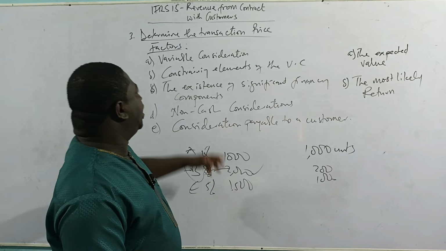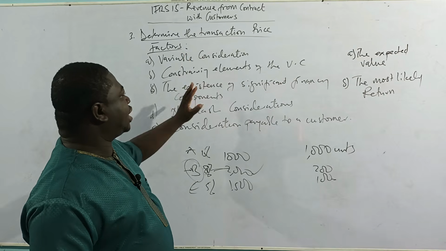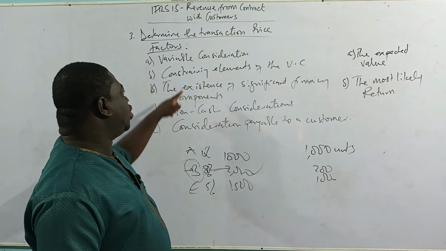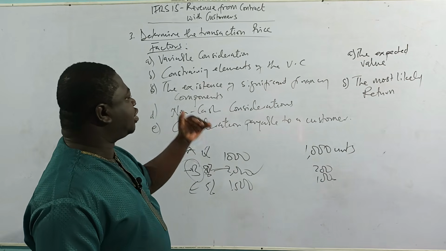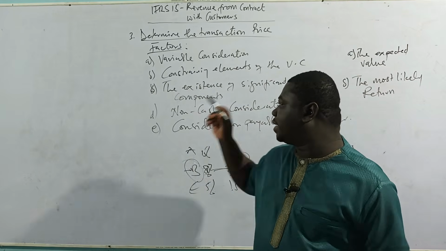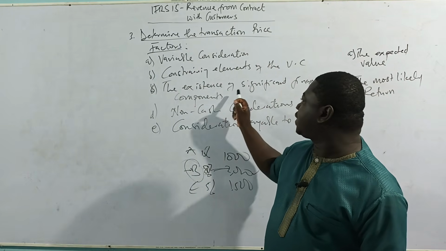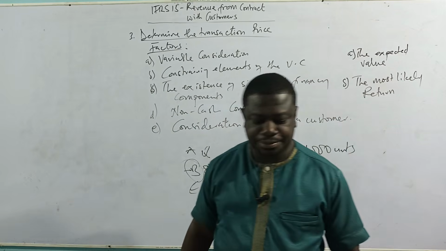Okay, so having understood how to determine transaction price when there is a variable consideration, now let's move on to the C, because the B is together with the A. The C is about the existence of significant financing components. We need to consider the existence in determining the transaction price. We consider the existence of significant financing components.